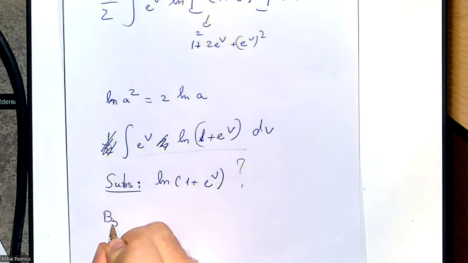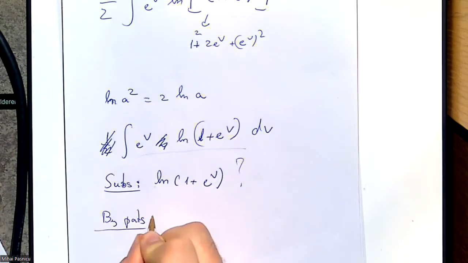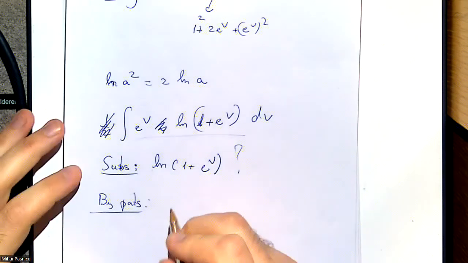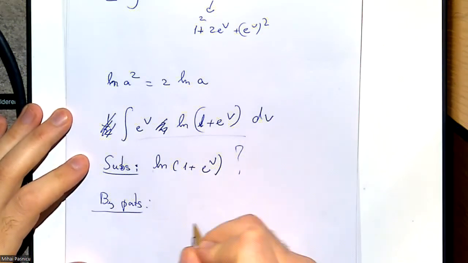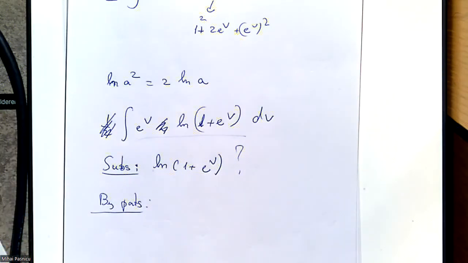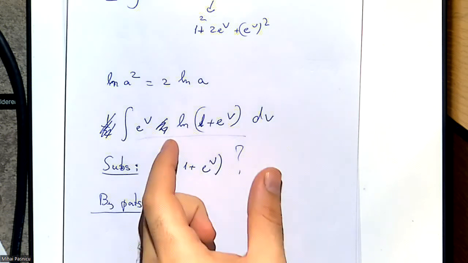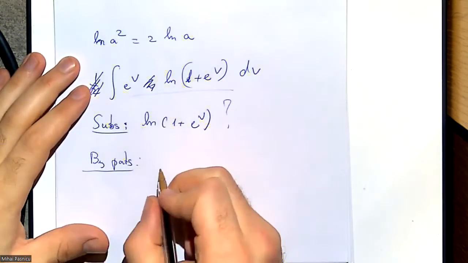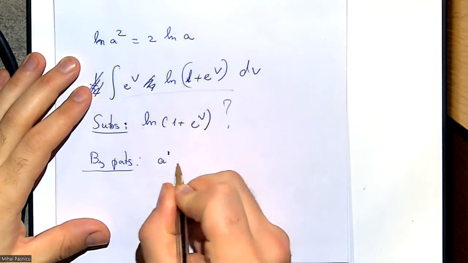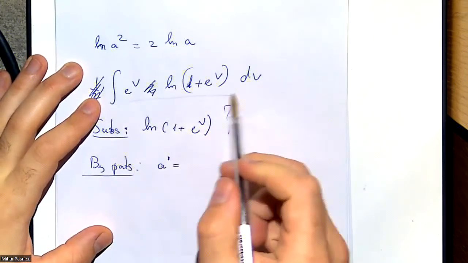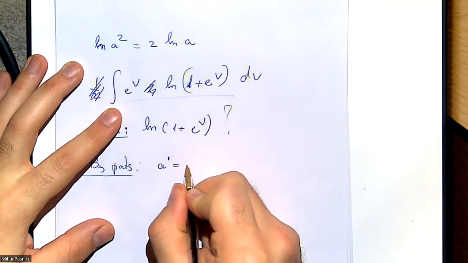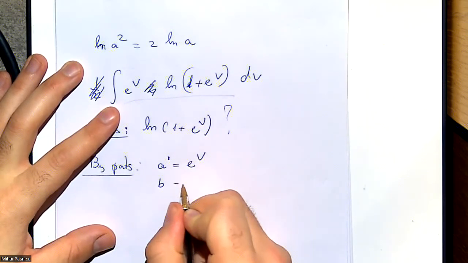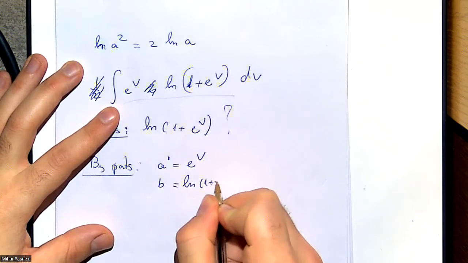By parts. And here, remember, in by parts, I need to choose which one is the derivative and which one is not. Remember, I never want to integrate log, so let's assume my A prime, because I can't use U and V since it's confusing, my A prime is e^v, and my B is log of 1 plus e^v.